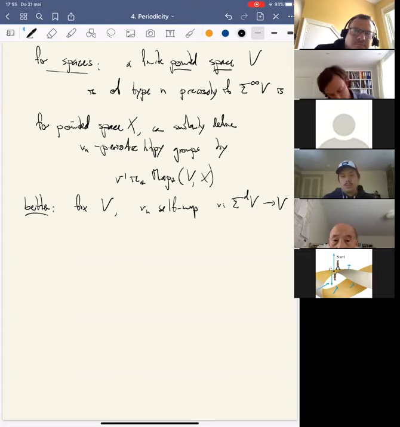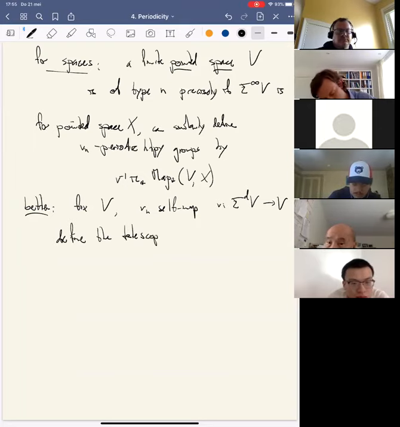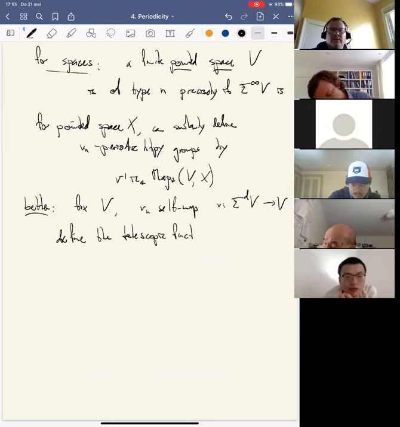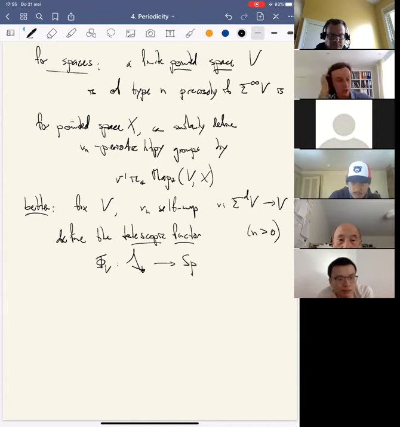Okay, so here's how that goes. We define what's called the telescopic functor associated to capital V. I should really say this is for n greater than 0. This will not apply for n is 0. That's capital Phi sub V. It's going to be a functor from pointed spaces to spectra.